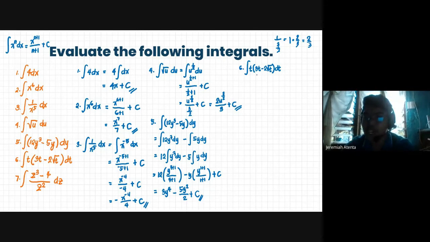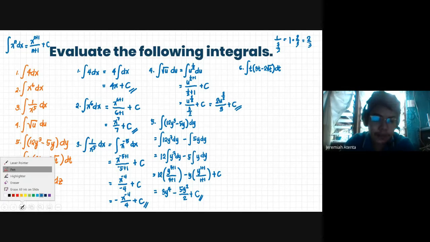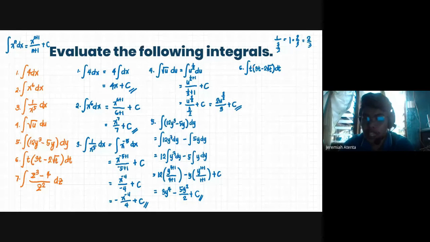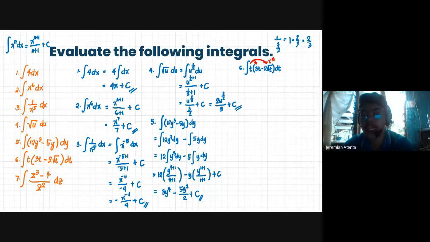So first, you have here square root of t, right? We can change that first, then multiply it by t. So first thing that you will do is distribute t to every term. Take note, square root of t is just t to the 1/2.